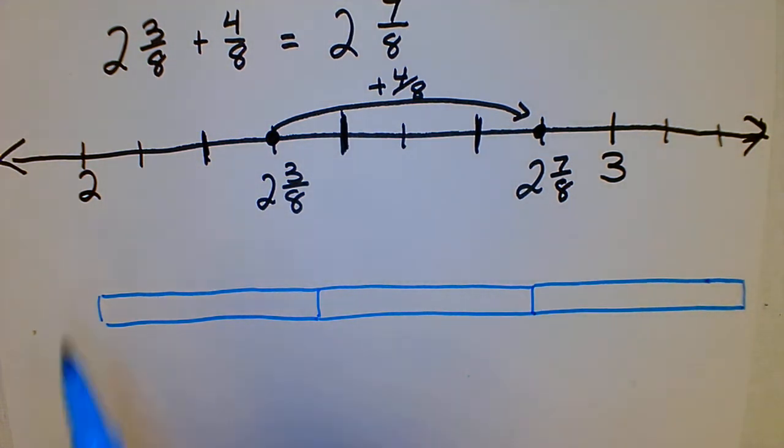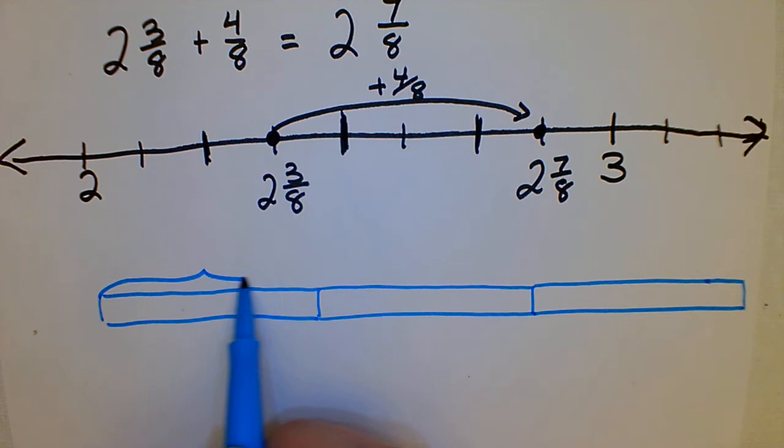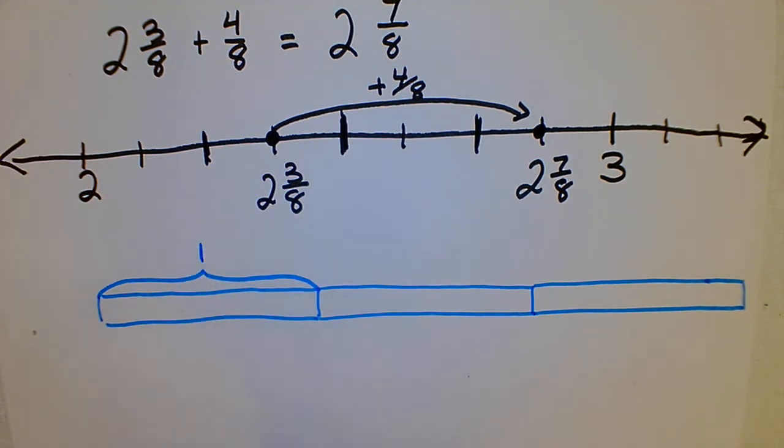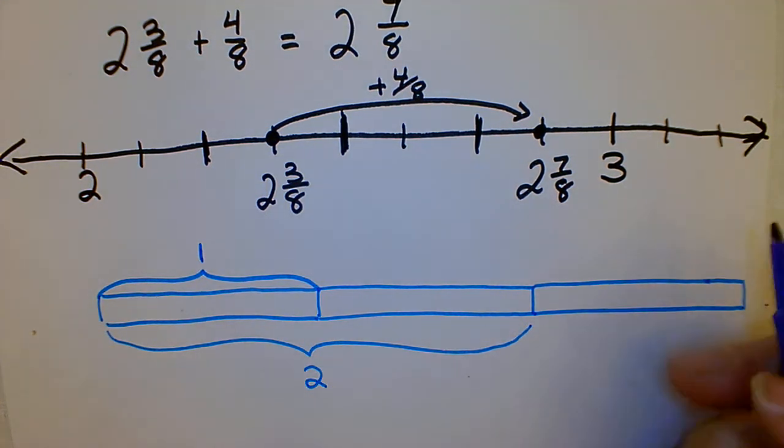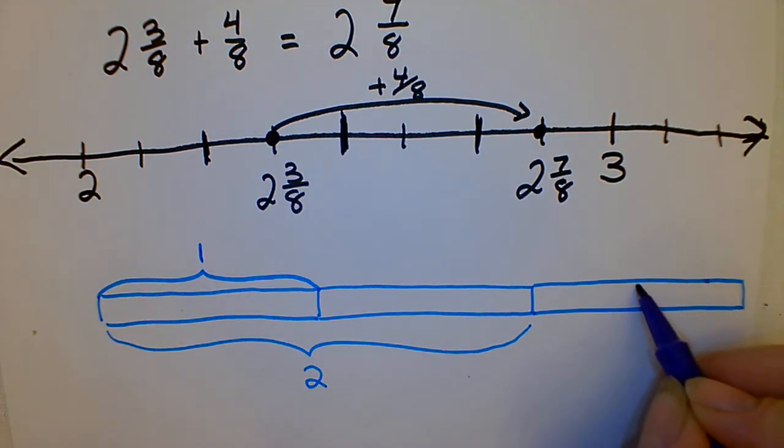Now I have 3 wholes, so I have to show that this is equal to 1. And so then we'd have 1, 2, so this is 2 wholes, right? And again, I'm just showing you another way to visualize this. And then, since we're working with eighths, we need to go ahead and partition this off into eighths.